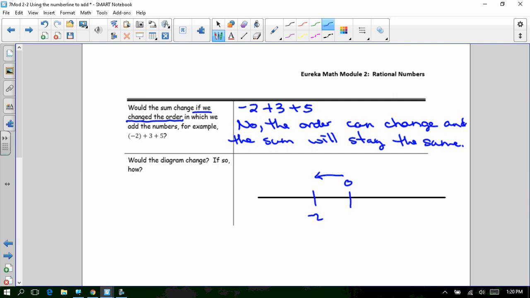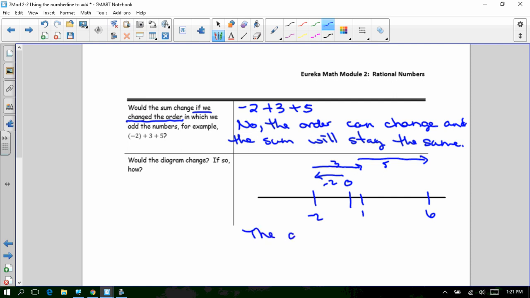And then from -2, I'm going to go 3. And then I'm going to go another 5, right? Does that change anything? Well, the arrows have changed, right? The arrows have changed in the order I have the arrows, but did the answer change? Right? The diagram's going to look different, but the answer is going to stay the same.